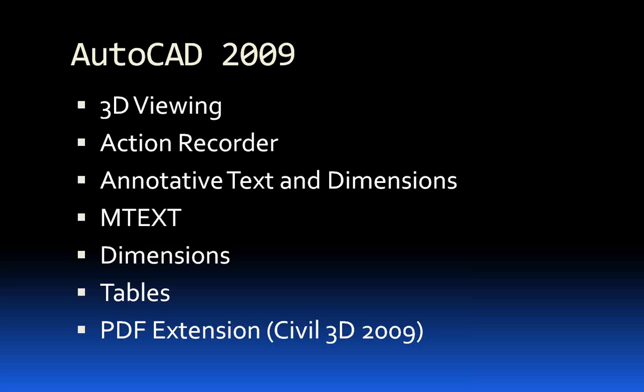That is not available in the LDT version of the program. It's only in Civil 3D, and it has a new plot driver to generate PDF files that gives you a lot more control over the current driver in AutoCAD. And then the PDF extension allows you to reference a PDF file just like you would attach a raster image, an XREF, or a DWF file.